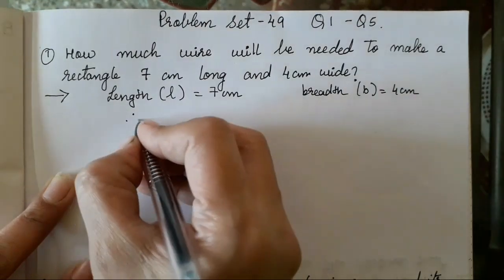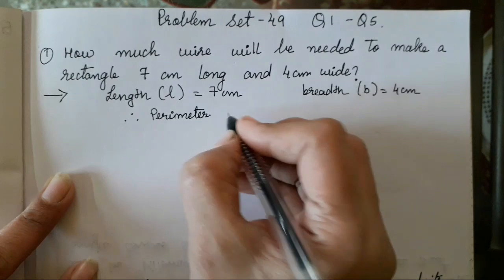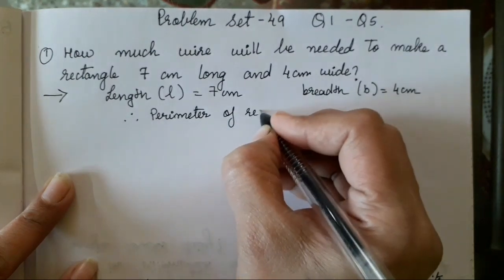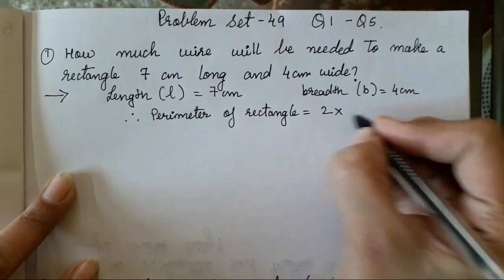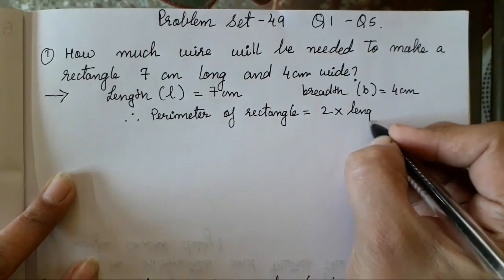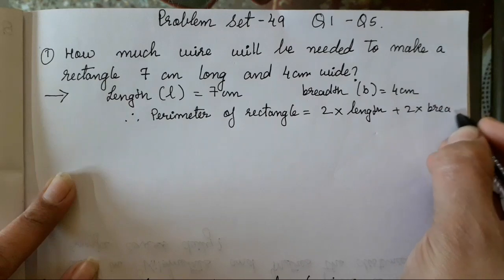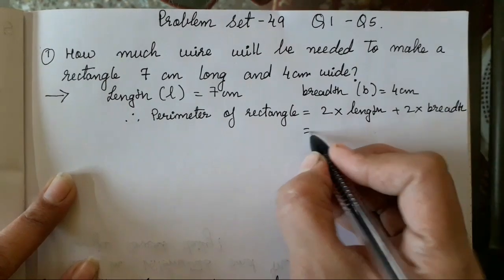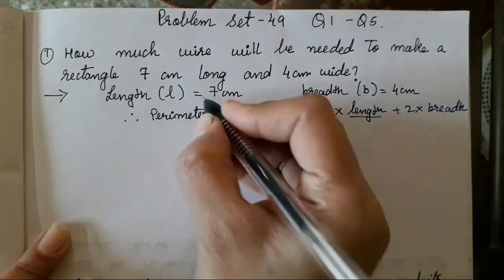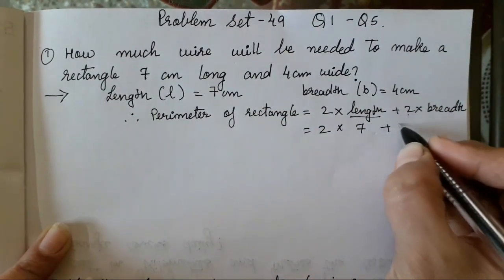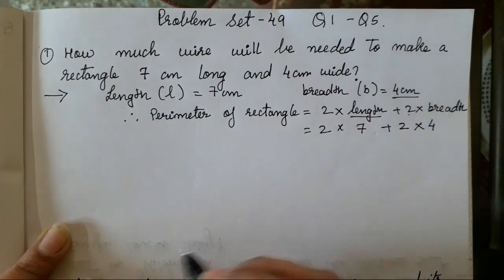Okay, now we will write the perimeter of rectangle. The formula we have to write, children, is 2 into length plus 2 into breadth. So where there is length we take 7, plus 2 into breadth, which is 4 centimeter, so 4.